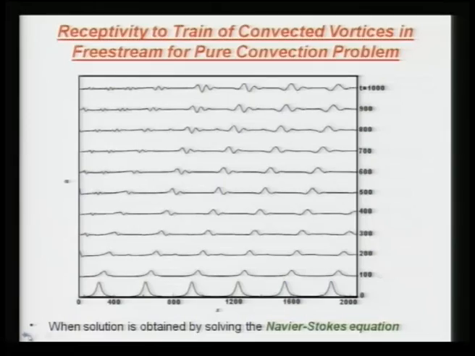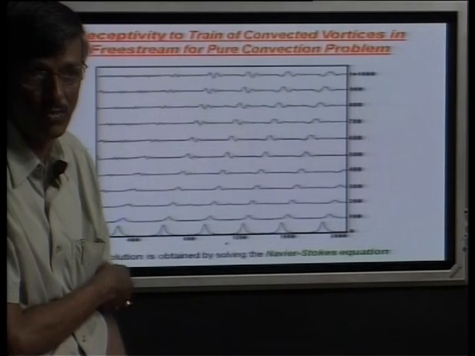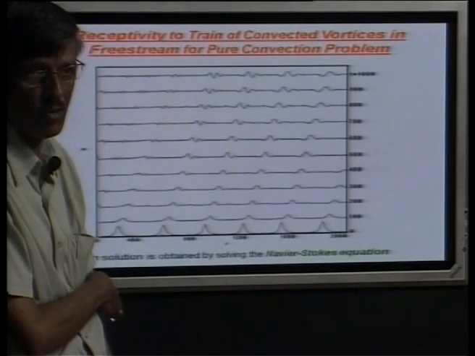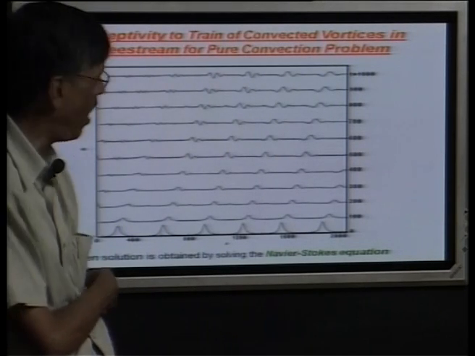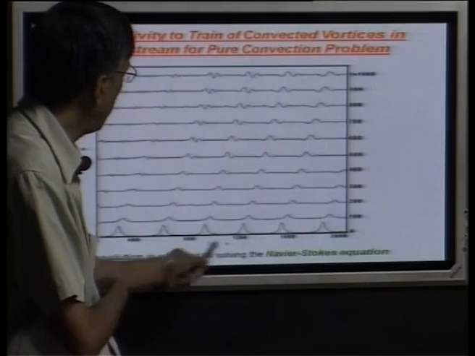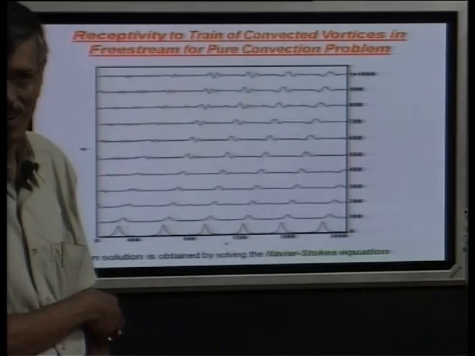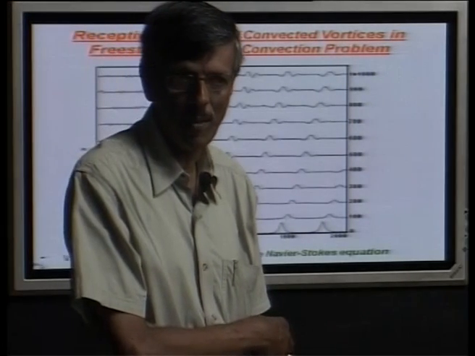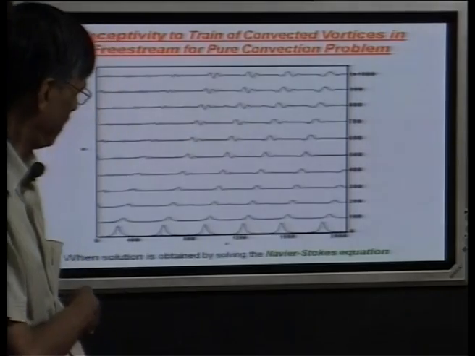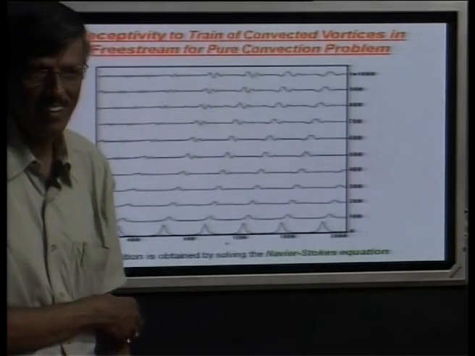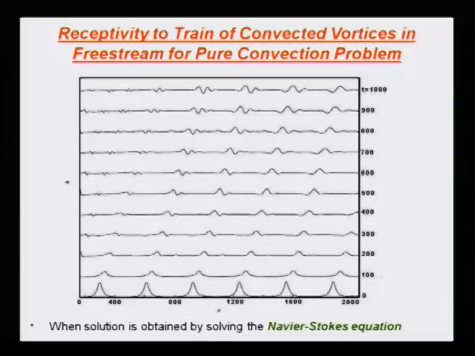Imposed C is going in this downstream direction at a particular value, and that is u infinity 1. So if C is going to be 1 in this xt plane, what that line should have been? 45 degrees. You look at these peaks. Are these 45 degrees or more than 45 degrees?